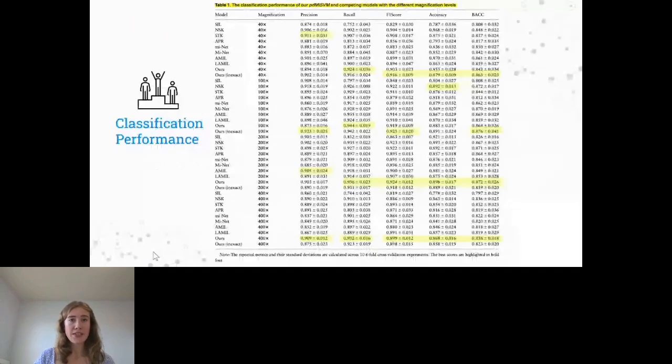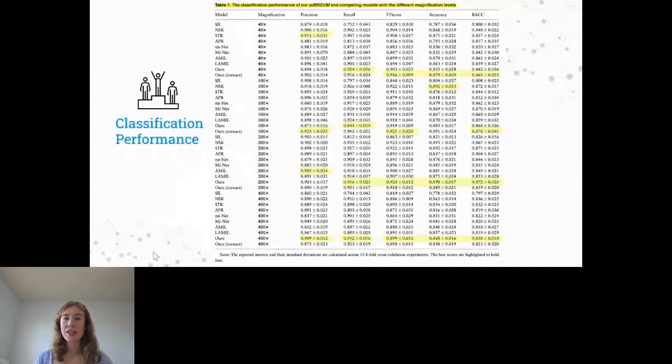Here is the classification performance of our PDMI-SVM and competing models with the different magnification levels. The precision, recall, F1 score, accuracy, and balanced accuracy are calculated across 10 six-fold cross-validation experiments. The best scores are highlighted in yellow. And from the results reported here, the proposed exact or inexact PDMI-SVM show promising performance across the various magnification levels.